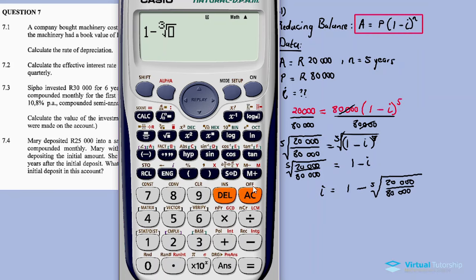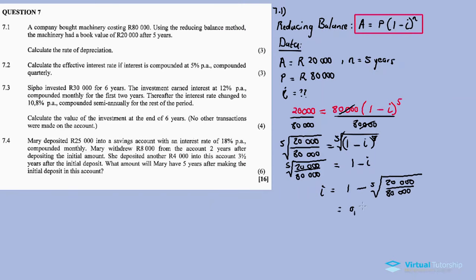Okay, let's start this afresh. So here we press shift, fifth root, but it's 1 minus, now 20,000 divided by 80,000 equal to 0.2421. 0.2421 equal to 24.21%.